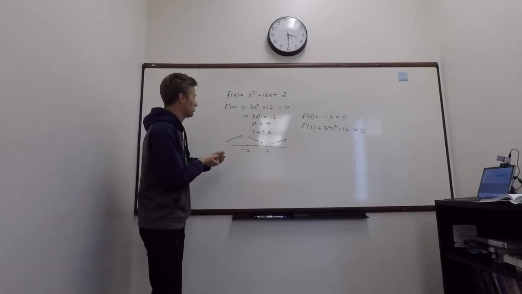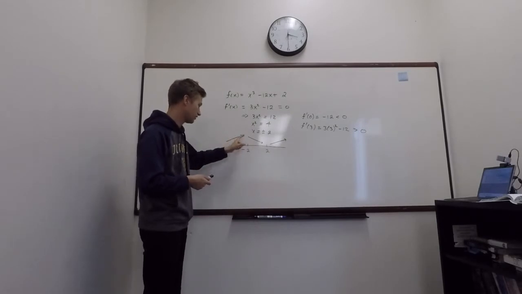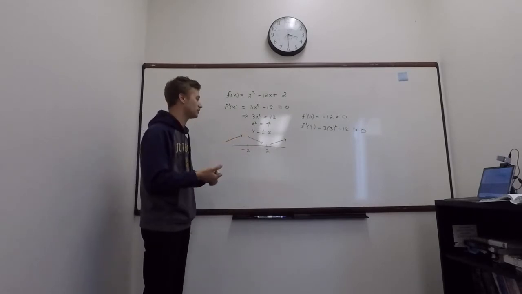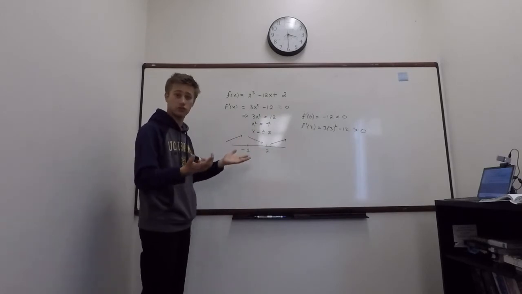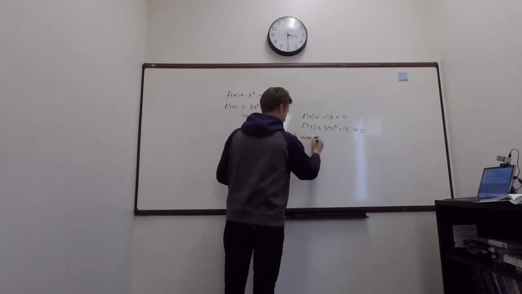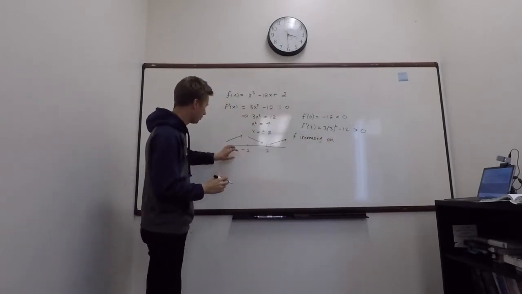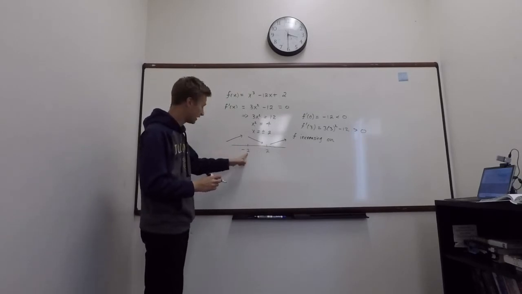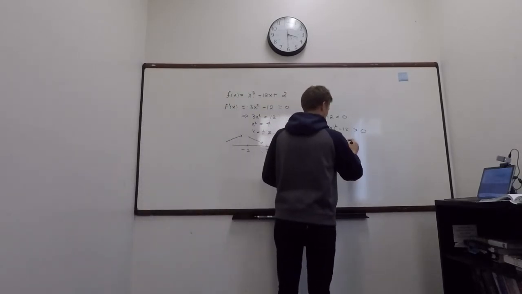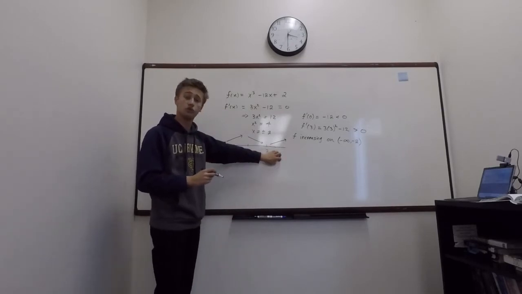Okay, once you have the intervals of increasing, decreasing, etc. done, now we can write the intervals in interval notation. So f is increasing on, okay, so where is it increasing? Well, it's increasing from negative infinity to negative 2. I put parentheses on both, and it's also increasing from 2 to infinity.